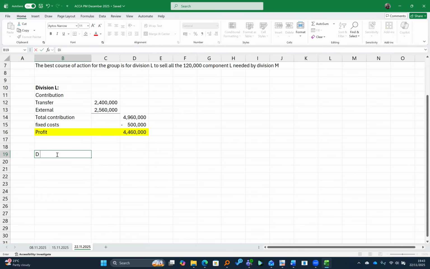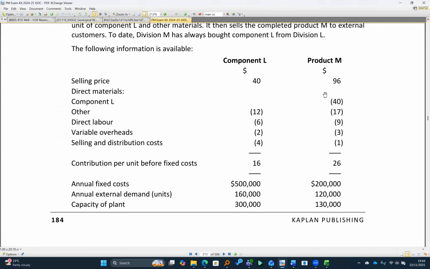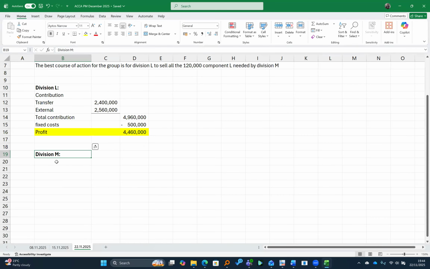Then for division M, remember that for it, the contribution is 26. And then we shall have contribution multiplied by the 120,000.